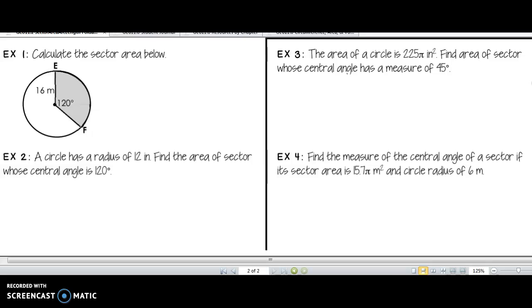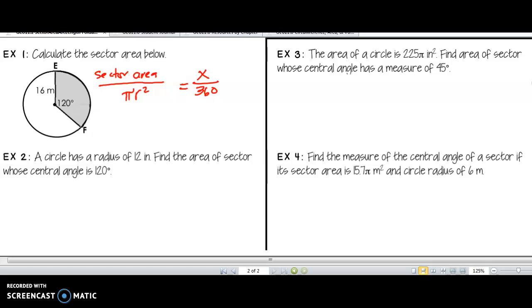So let's take a look at some examples. Number 1, calculate the sector area below. In other words, we're going to find the area of the shaded region. Since we know the formula, sector area over area of a circle, which is pi r squared, is equal to the central angle over 360.